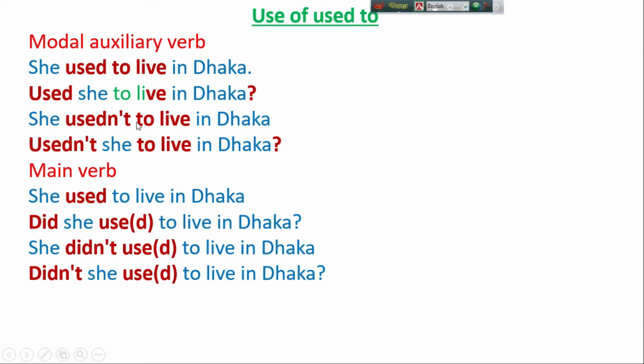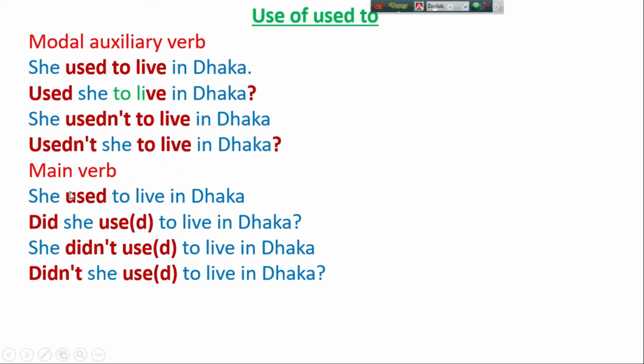She used not to live in Dhaka. Here, used not is also an auxiliary verb. It helps the main verb live and it is the negative sentence. Used not she to live in Dhaka? Here, used not is the auxiliary verb and it is the interrogative sentence.